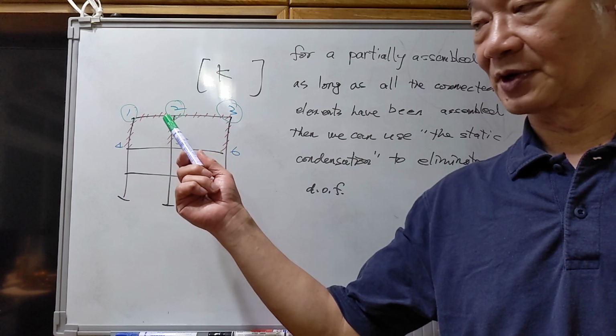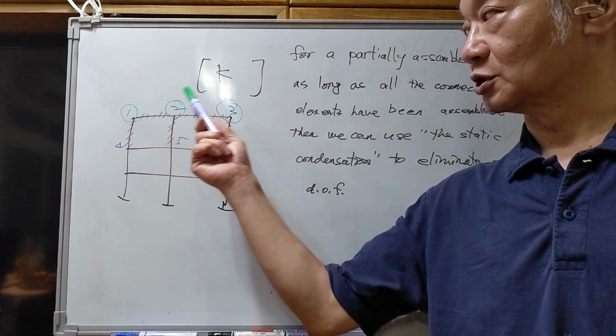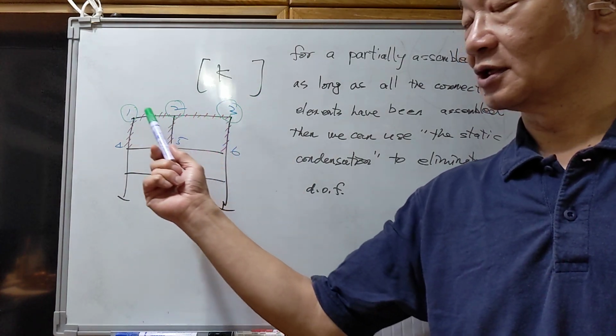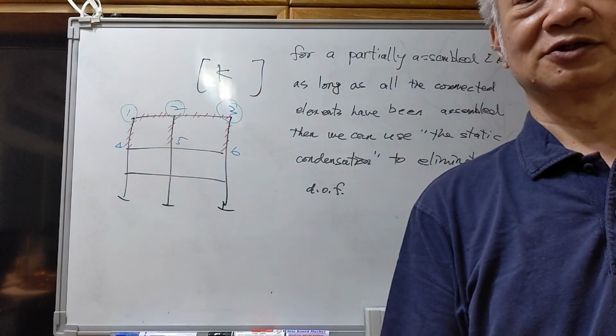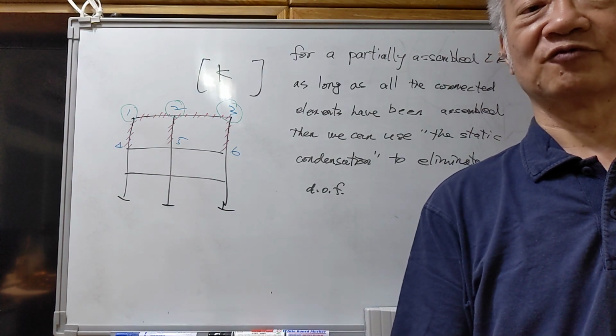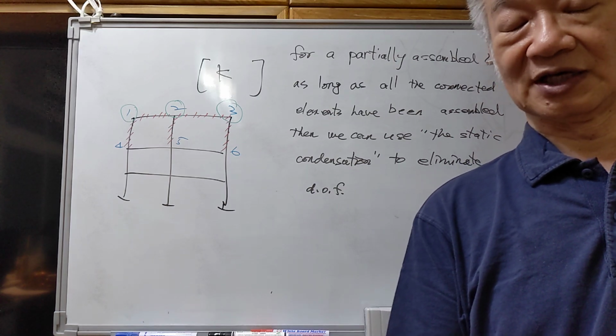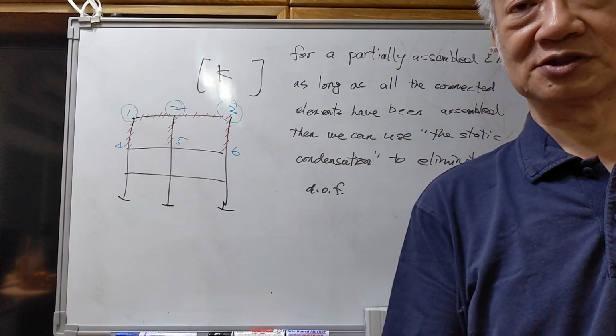If it is a plane frame problem, we can eliminate 3 times 3. So there are 9 degrees of freedom that can be eliminated from the global K matrix.